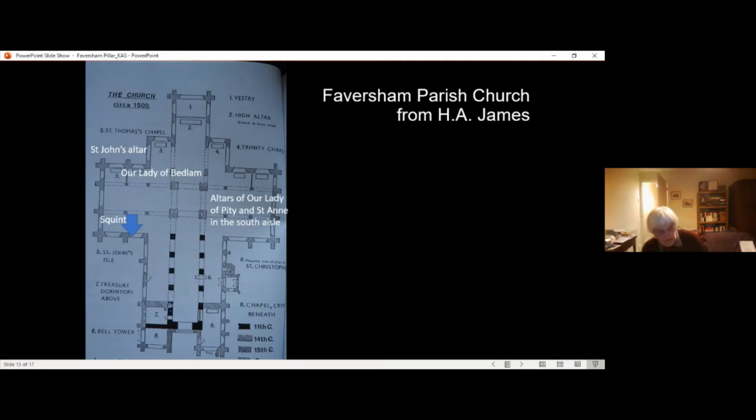And as we've already noted, the west-facing images of the pillar all have this Eucharistic imagery. So at the bottom we've got the Magi worshipping at the altar of Christ.